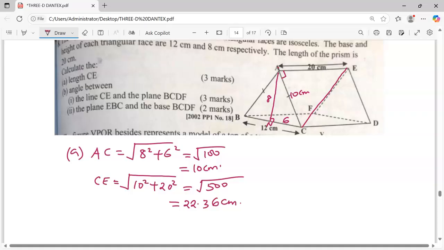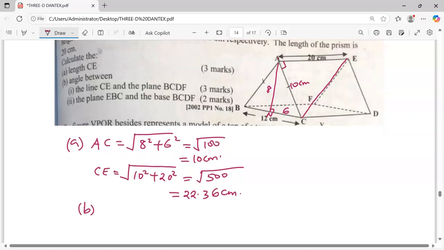Once we are done with part A of the question, we move to B, and in B we are supposed to calculate the angle between the line CE and the plane ABCD. Remember, when we talk about the line and the plane ABCD, we are going to look at the projection of the line CE on the plane.